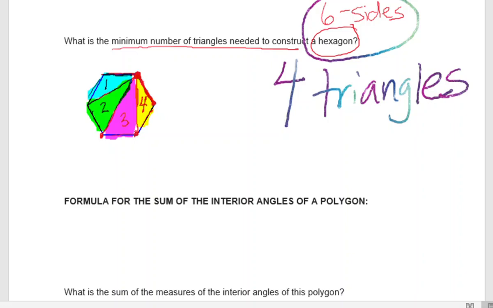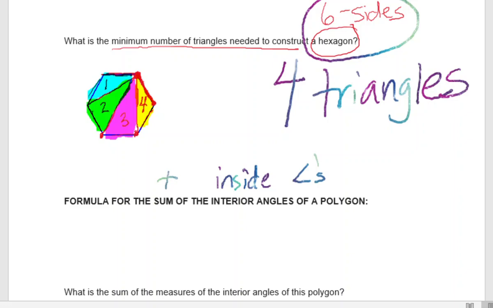So that's what we're calling the sum. Sum means addition. Interior angles, the inside angles of a polygon. And a polygon is just the name we use in general. When we're more specific, we call it something that refers to how many sides it has.